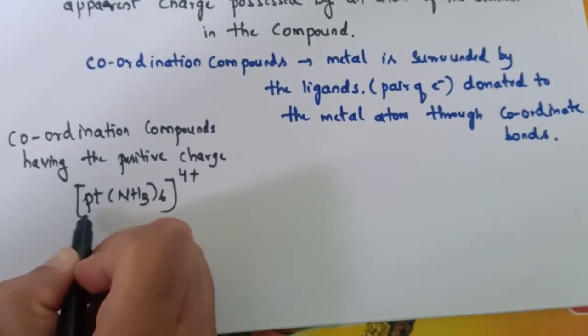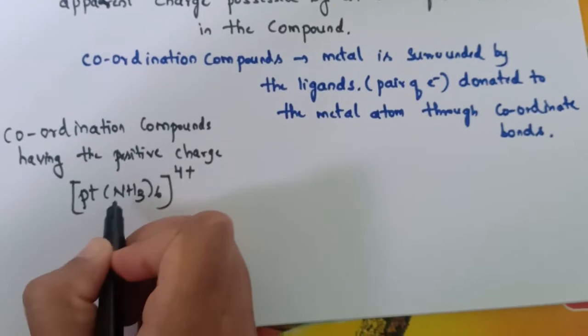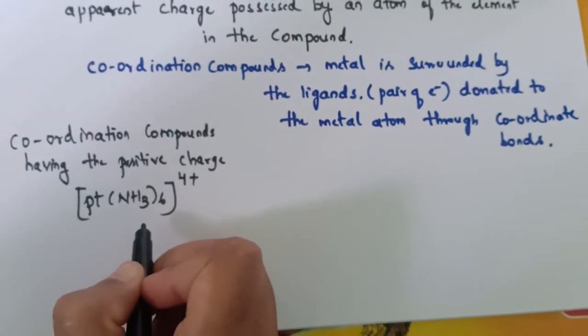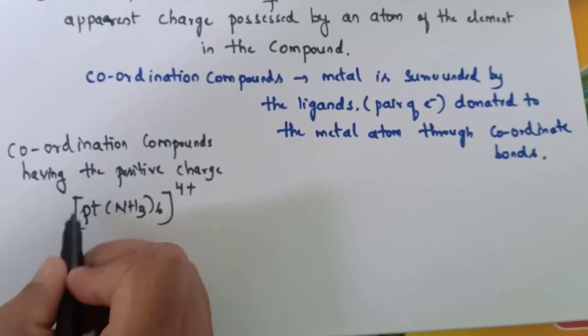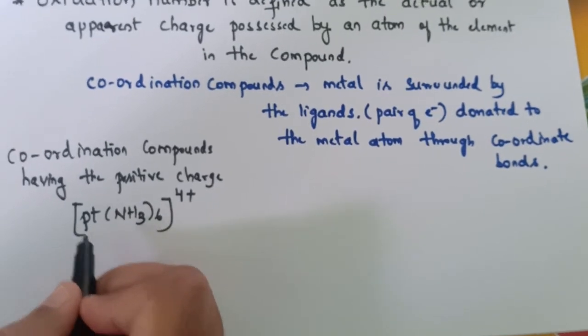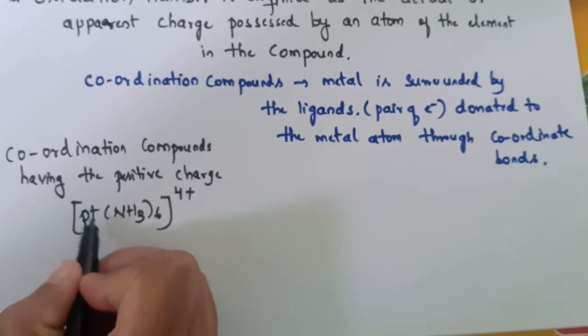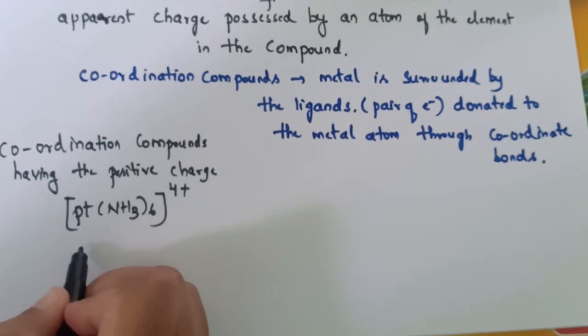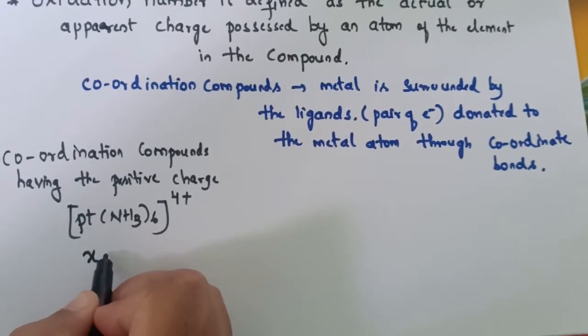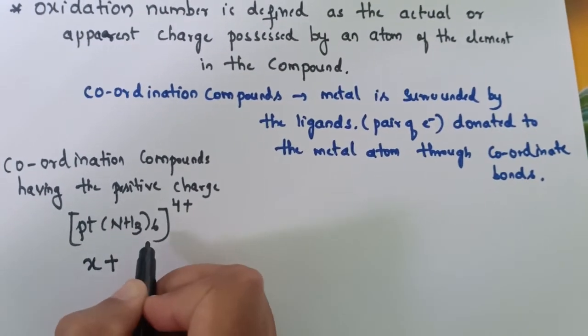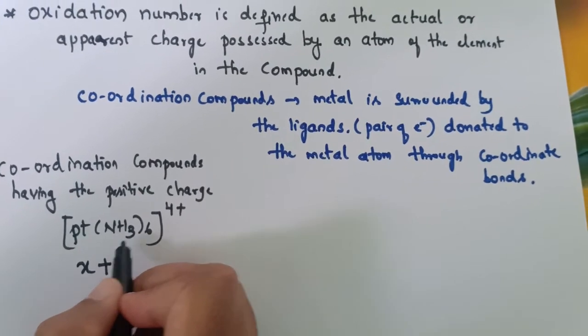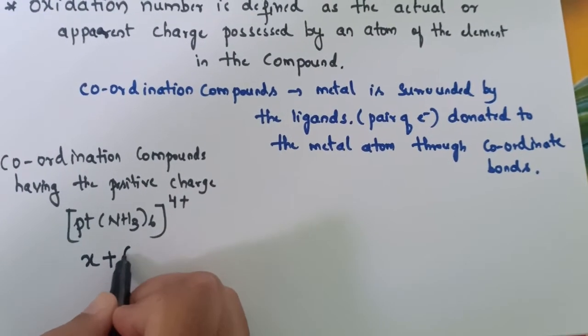Here it is the central metal atom and these are the ligands. Now how to calculate the oxidation number of the central metal atom? We don't know the oxidation number of the platinum here, so we should consider it as X, plus how many NH3 are there? 6.